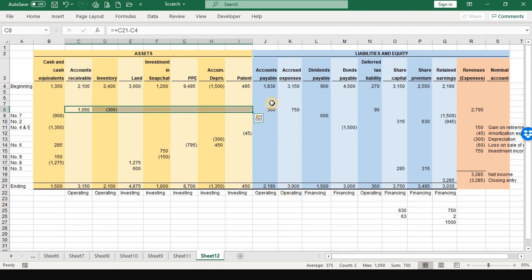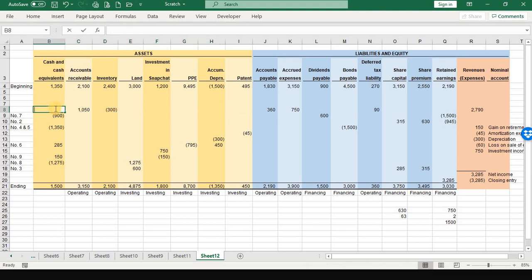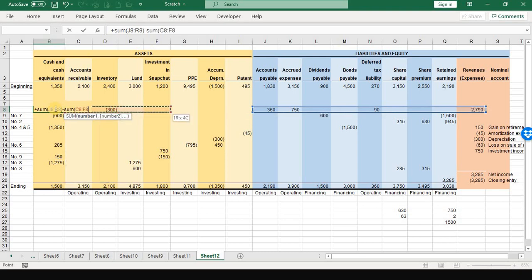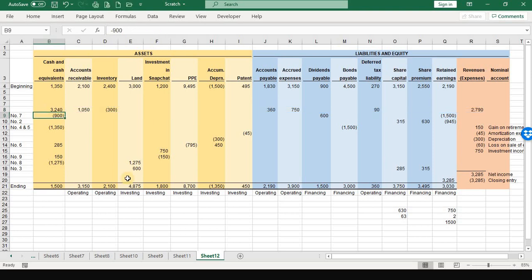So the difference between the right side, the liabilities and equity, and the assets, except the cash, so right side minus left side, it means that there must be 3,240 pesos under the cash and cash equivalent.